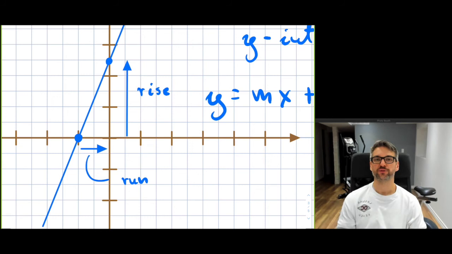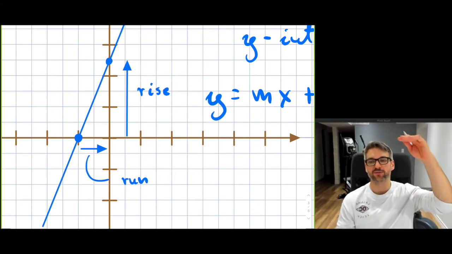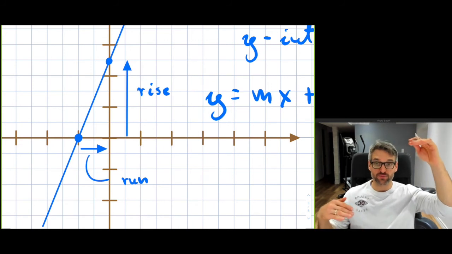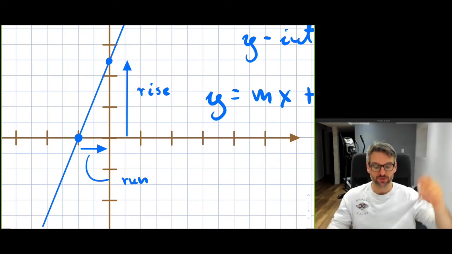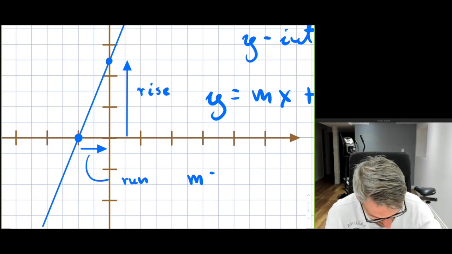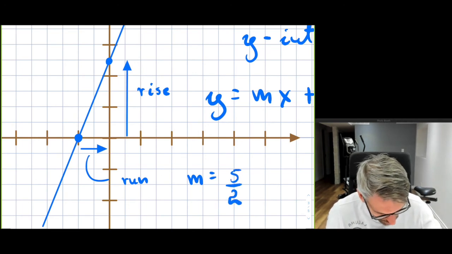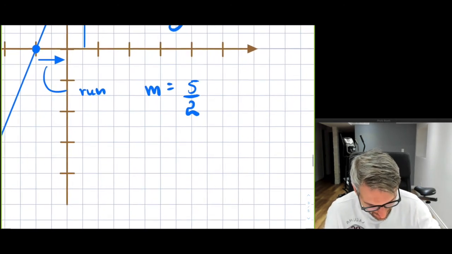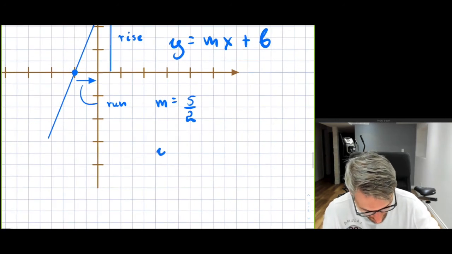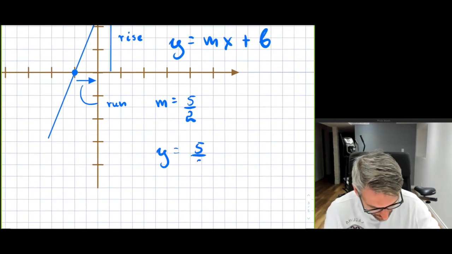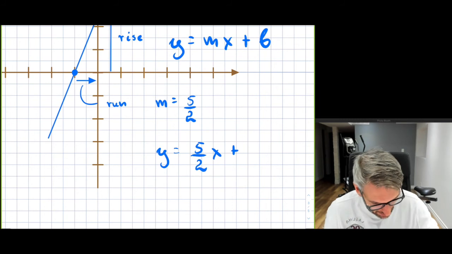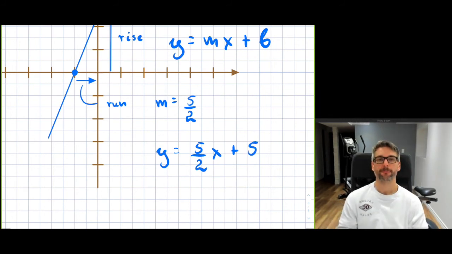If you have the x and y intercept, you know your rise is 5, and your run, in this case positive, would have been 2. So your slope is 5 over 2. And therefore that makes the equation y = 5/2 x + 5. And there you have it.